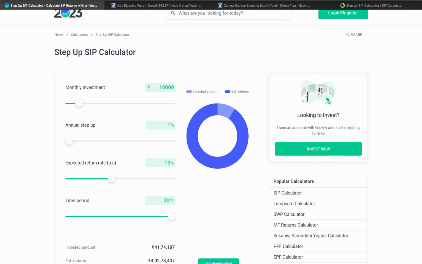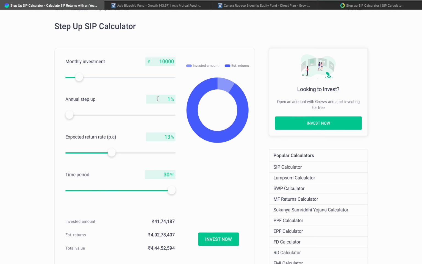Okay, coming to annual step up. Annual step up is basically the amount of money you will be increasing year on year in this particular investment plan. Let's consider 10% to be the top up amount. So 10% of 10,000 would be 1,000 rupees.